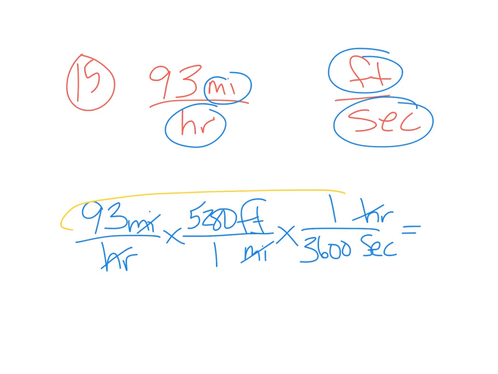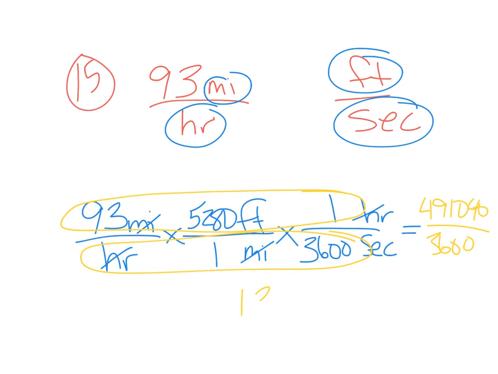So now I just multiply top over the bottom, so 93 times 5,280 gives you 491,040 divided by 3,600. You divide that and you're going to get 136.4, and we're at feet per second now. That's number 15.